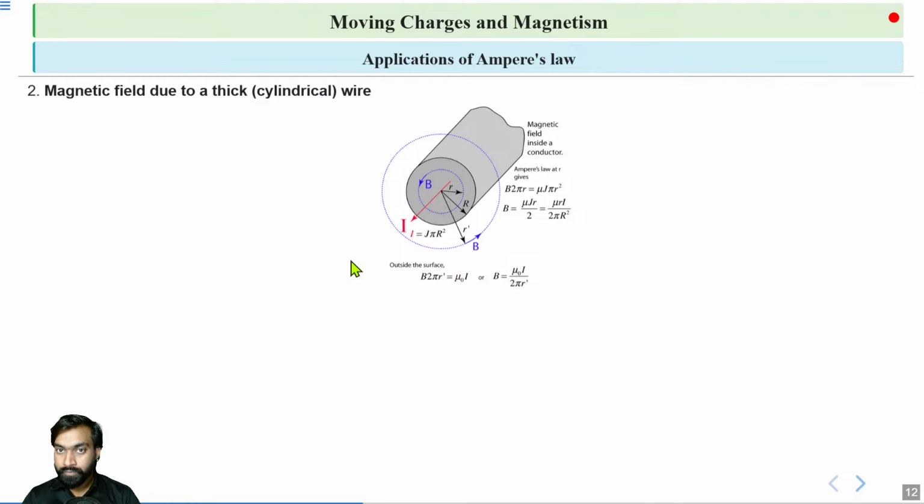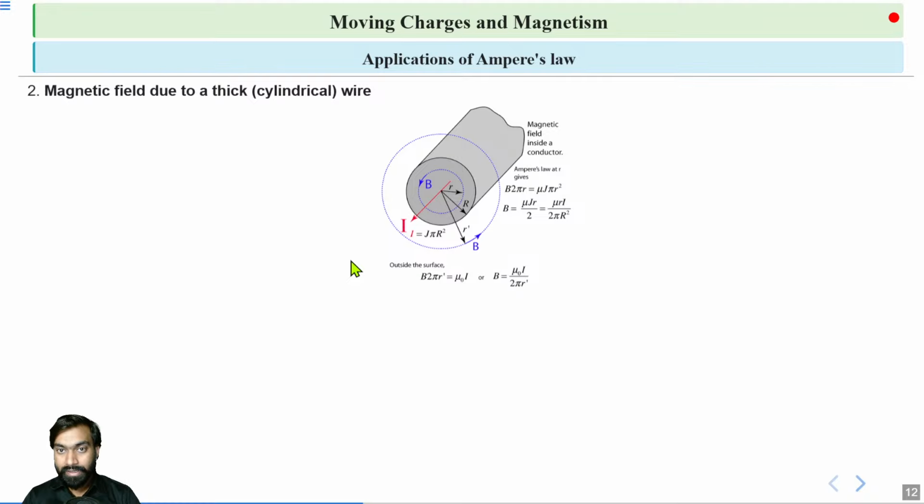Here the cylindrical wire having radius capital R is shown with the current I flowing through it. The point where the magnetic field is being measured is indicated at a distance small r from the center.